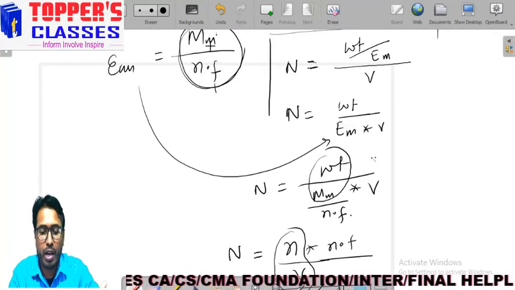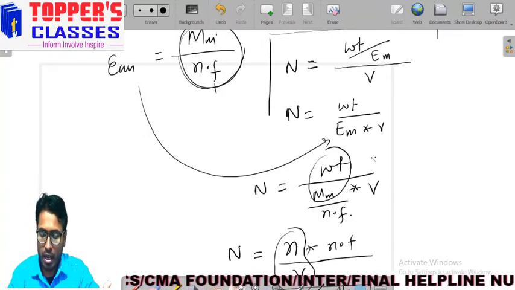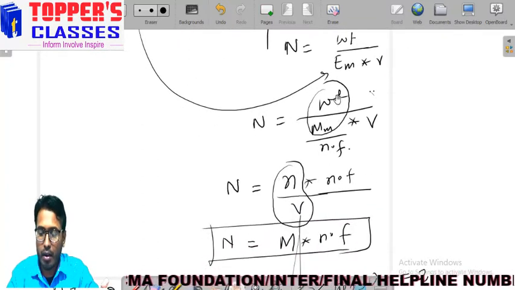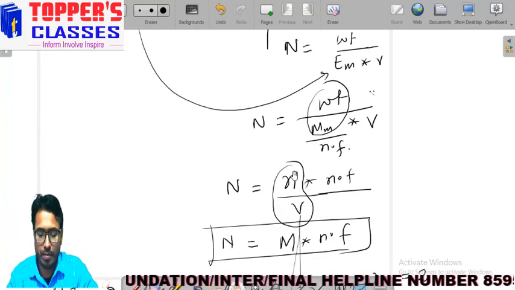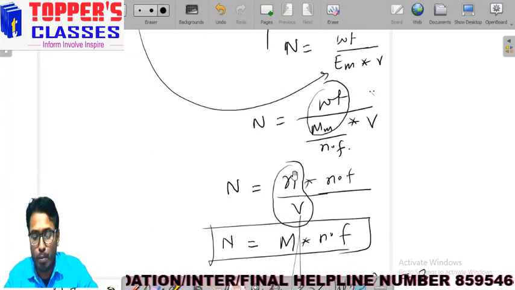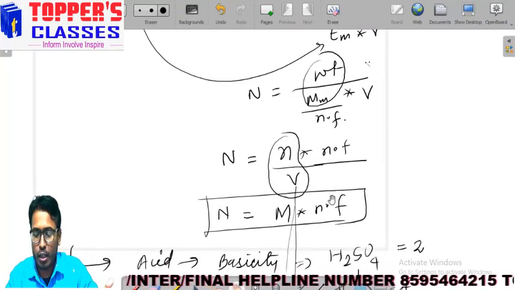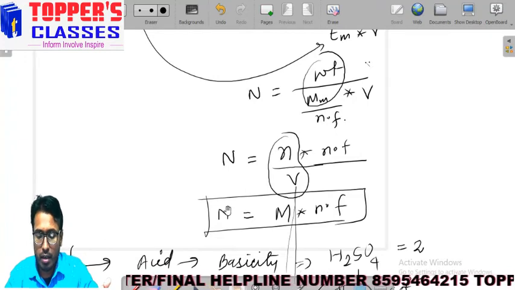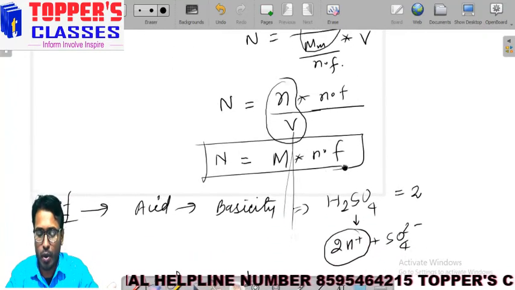As we know, equivalent mass equals molar mass by n factor. So I have put that over here, and then we have weight upon molar mass, which is number of moles. Now number of moles upon volume is molarity. So here we find the formula: normality equals molarity into n factor.